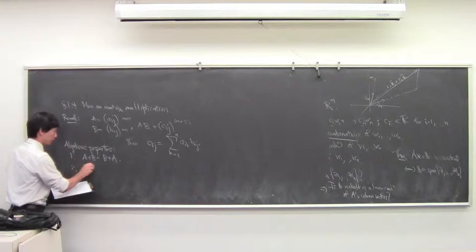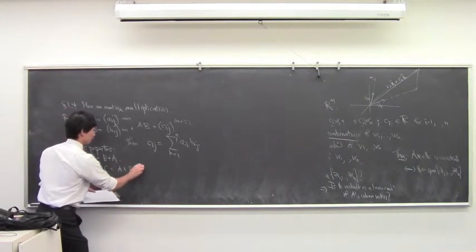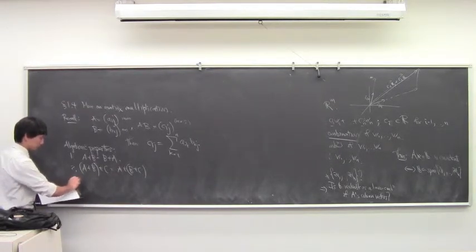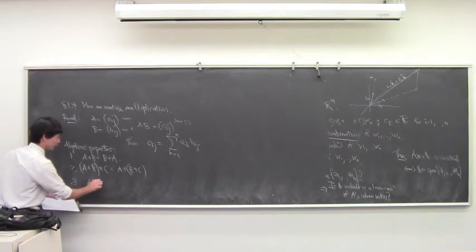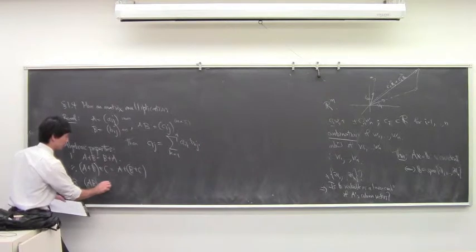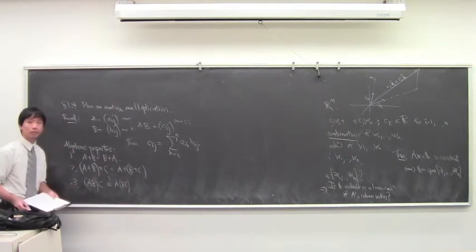Addition is associative. It doesn't matter which two you add first. Now here's the one that you may be wondering about: AB times C is equal to A times BC.